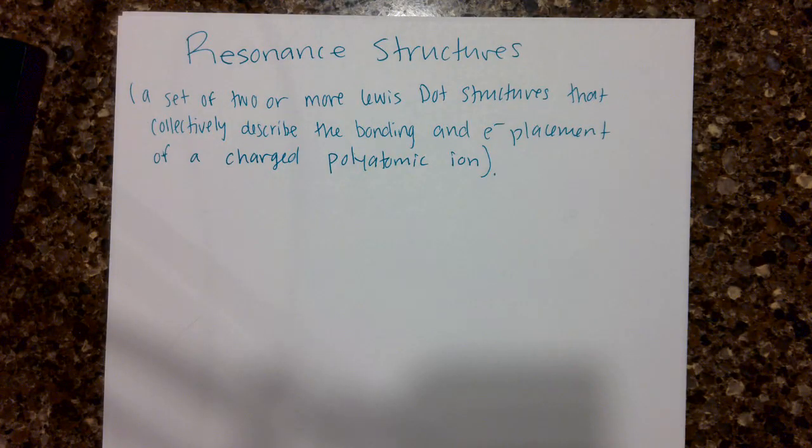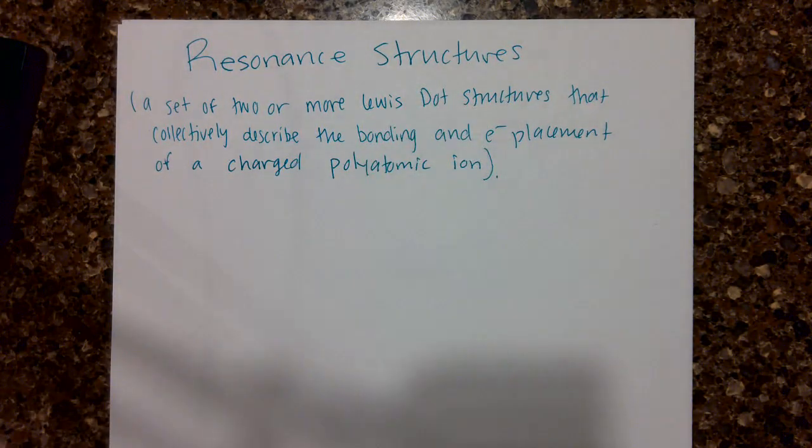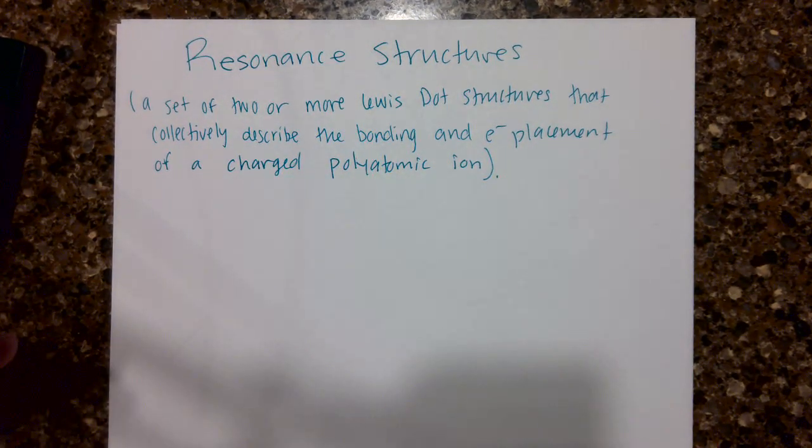The only way to do that is by showing a collection of Lewis dot structures, which are the resonance structures. Whether there are three, four, five, or however many we end up having, all of this is true at the same exact time, because at any given moment, that electron or those electrons could be anywhere, bouncing around. So these are all pretty much true at the same time.